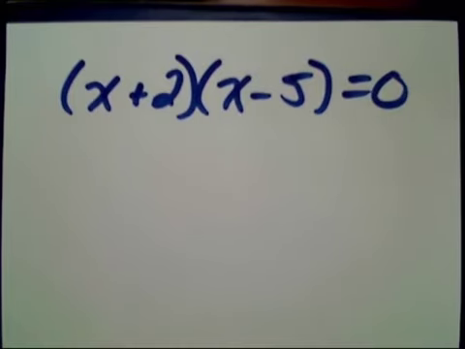Then according to the property, either A is 0, B is 0, or both. So I need to ask myself, what value of x will cause, not because, but cause and effect, cause my A to equal 0?